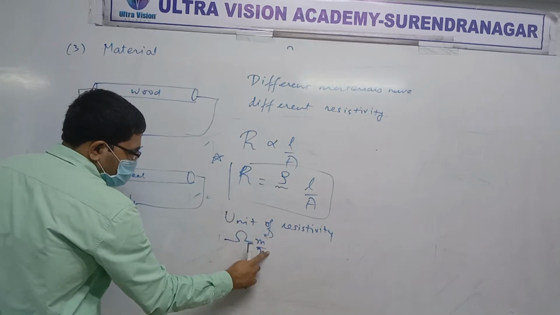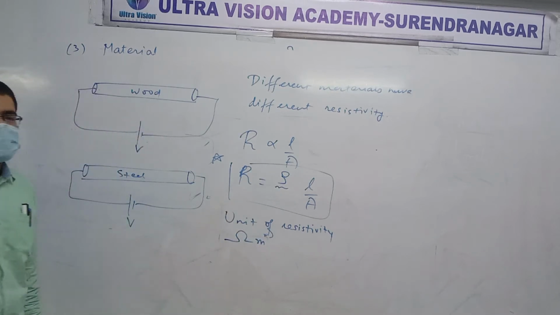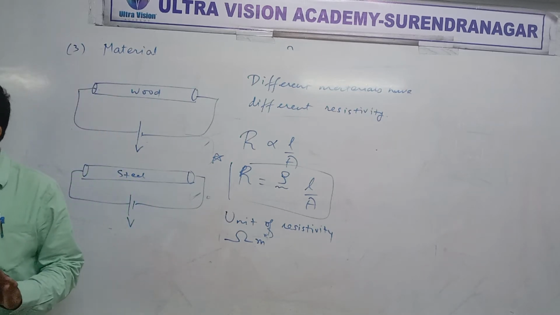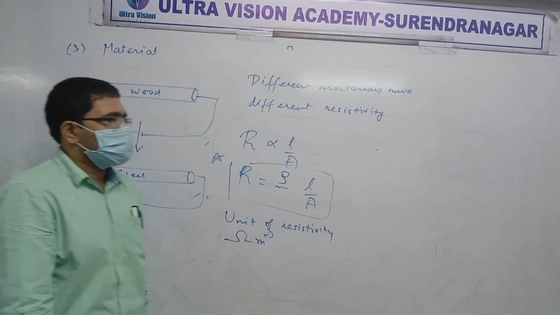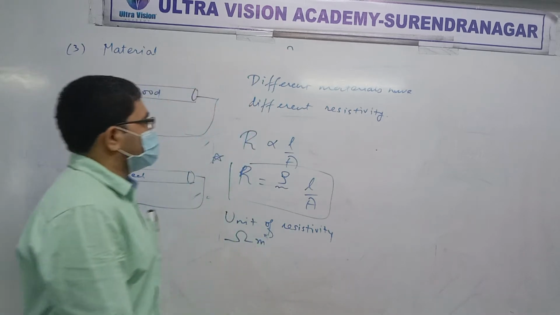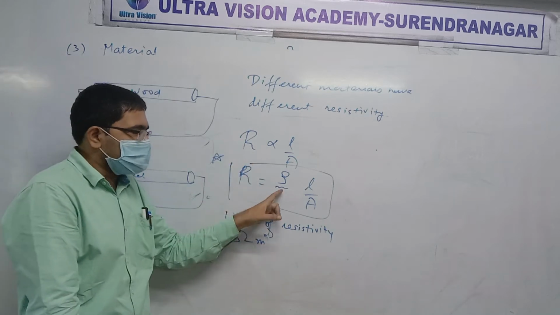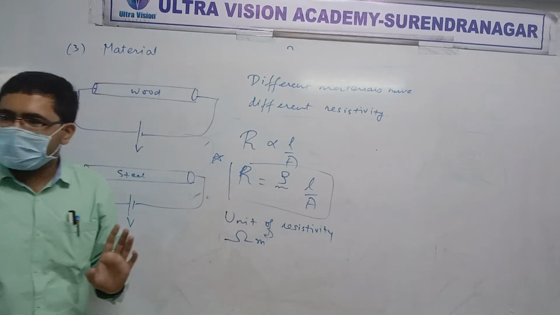So if you cancel one meter, then you get ohm meter. The unit of resistivity is ohm meter. Got it? It's not ohm per meter, it is ohm meter. Fine. So that's a little bit about the third factor, resistivity. So R depends on three things: rho, L, and A. Clear?